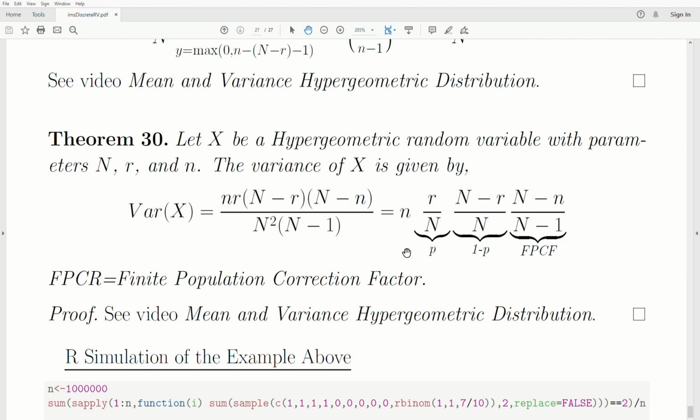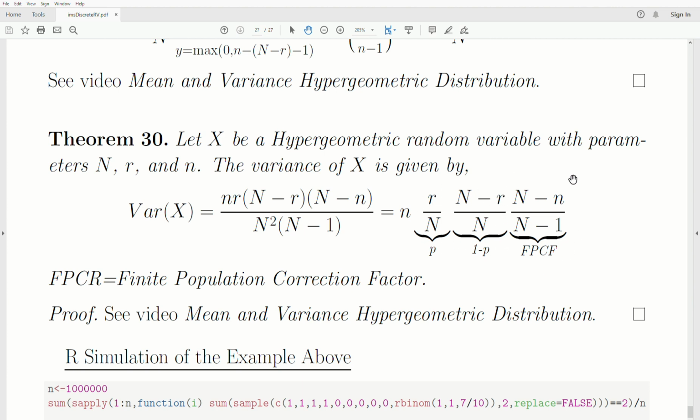Now, the variance of a binomial random variable is np(1 minus p). And if we think about this, r over N is the probability of a success. N minus r over N is the probability of a failure, right? So that's npq, which is very similar to a binomial distribution.